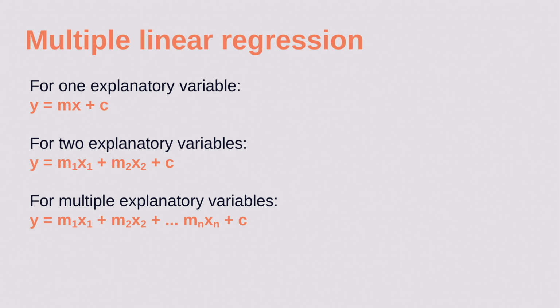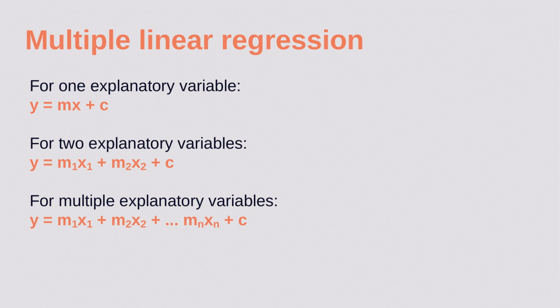In the last example, we performed simple linear regression, where there is one explanatory and one response variable. Now I'm going to demonstrate how to perform multiple linear regression, where we will be using multiple explanatory variables.